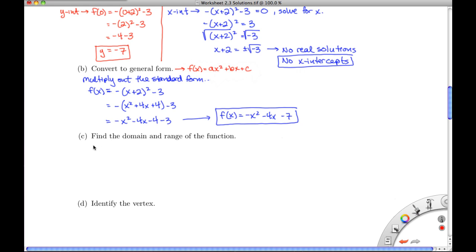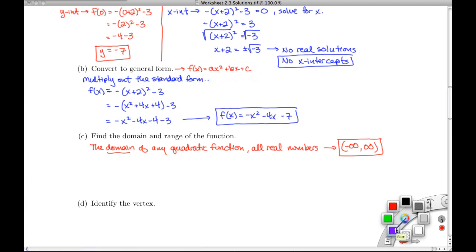So we could write this as the interval from negative infinity to positive infinity. So this represents the domain.